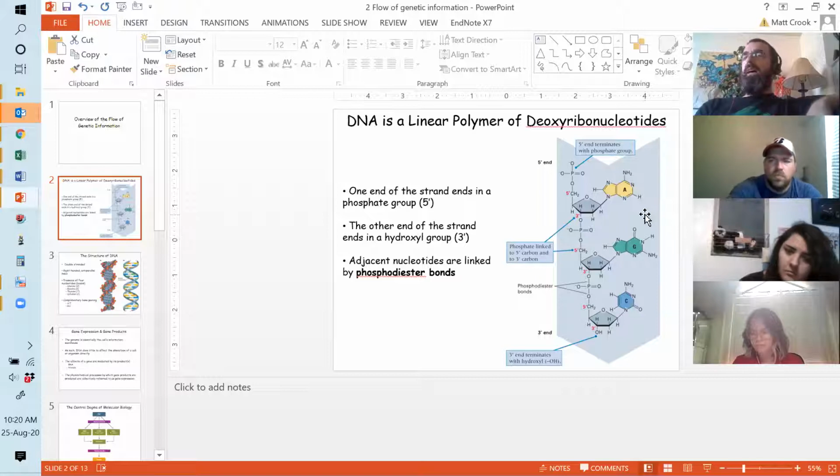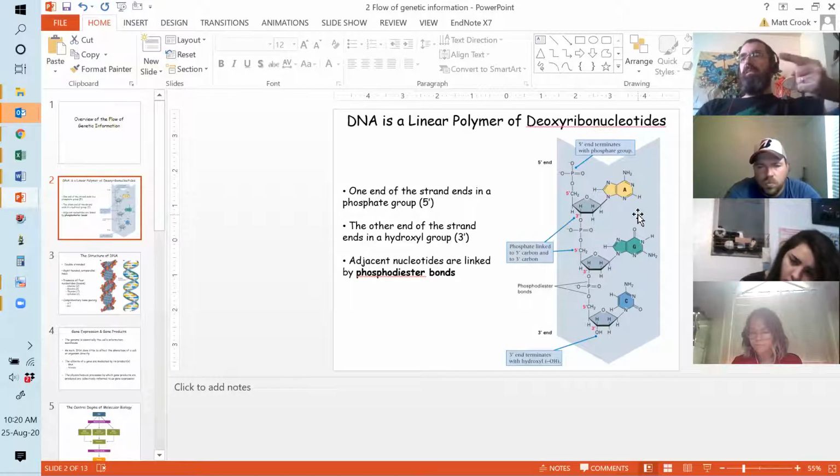How many hydrogen bonds can adenine form with thymine? There's two polar spots in this nitrogenous base that's going to be facing the strand on the other side. How many hydrogen bonds is it going to form? Two, right?